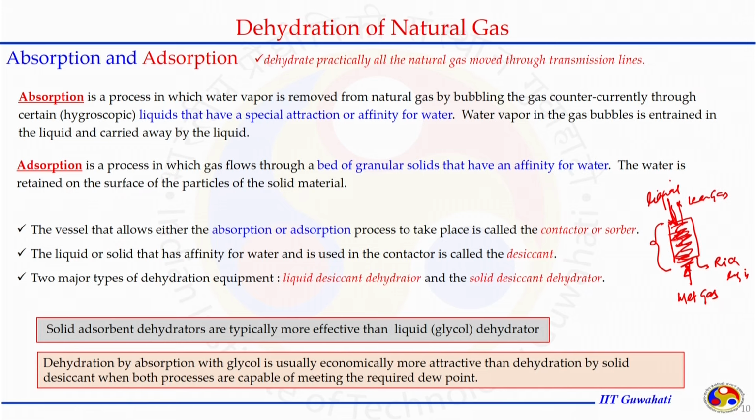If you want to reach the same water content in the dry gas after the dehydration process, the absorption process using glycol liquid is considered more economical. We will see the major difference between the absorption and adsorption process in the subsequent slides.